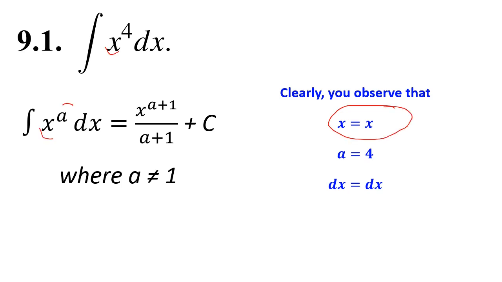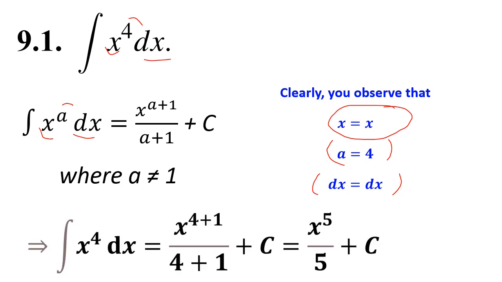Your a now becomes 4, as you can see here, and your dx remains dx, as you can see here. So you are going to apply the integration formula directly for a function of type x raised to the power a. In this case, your a is 4, so you are going to augment the power by 1 and you divide by the new power obtained, and you add a constant c. So you obtain this new function.